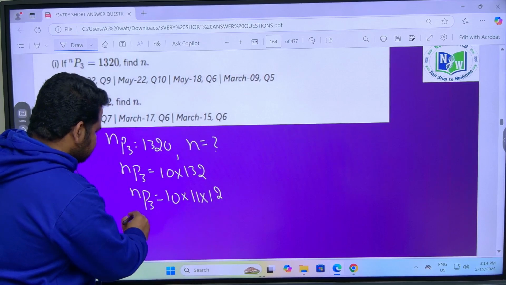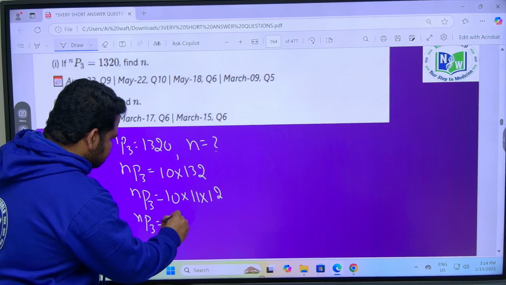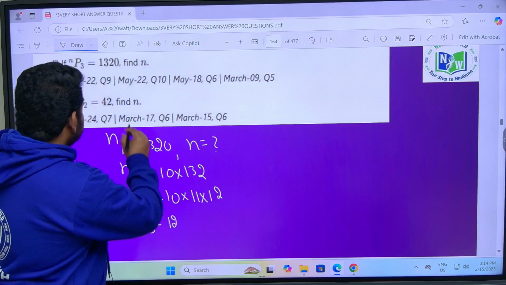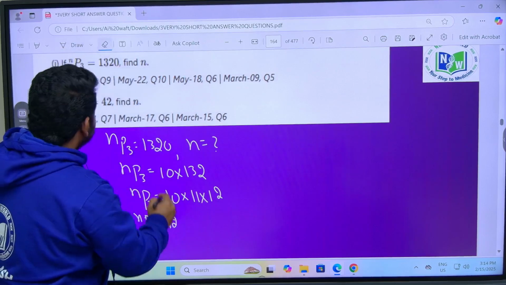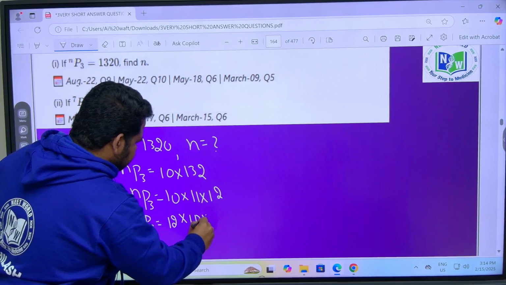So NP3 can be written as 12 into 10 into 11.